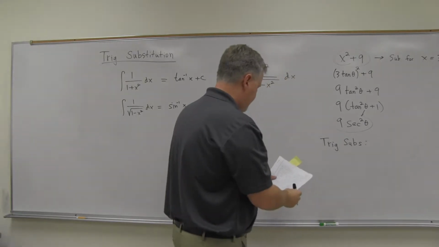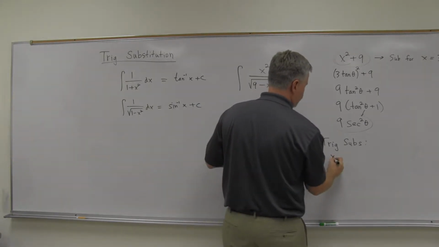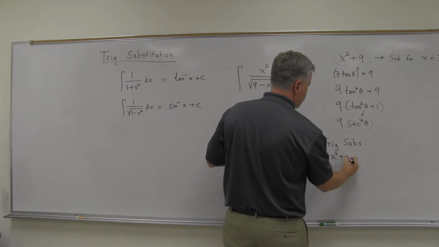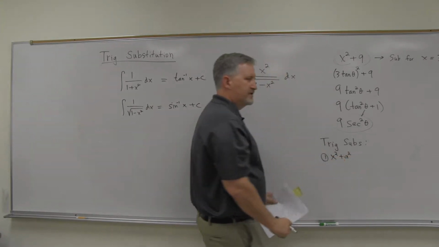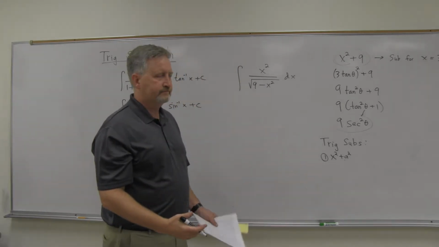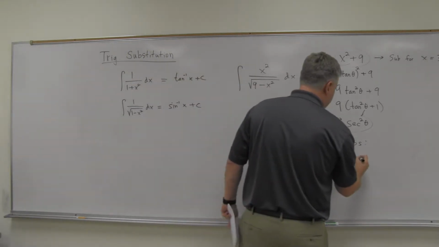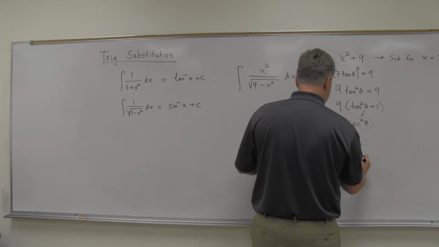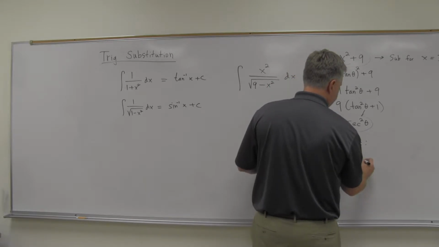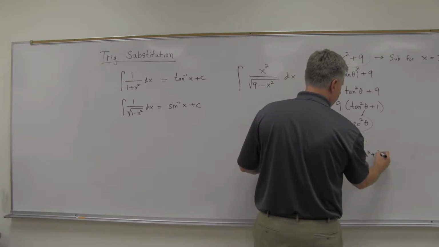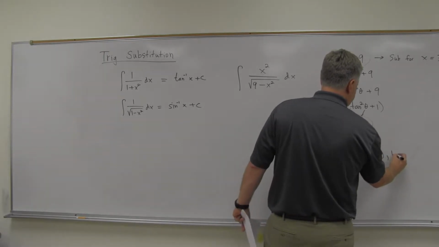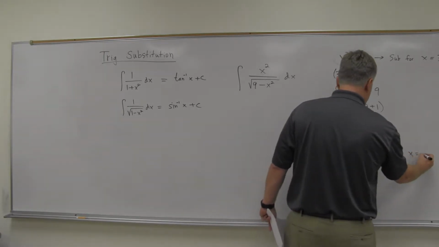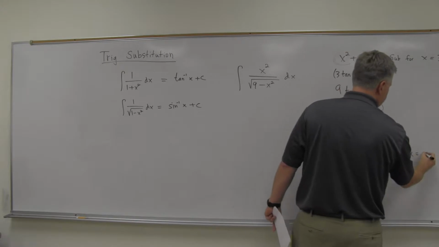If you have x squared plus a squared, so number 1. If you have x squared plus a number squared, then let, or of course, vice versa, a squared plus x squared, let x equal a tan theta.